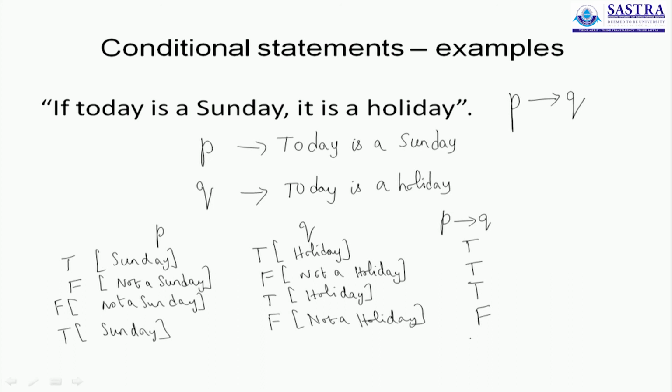There you are violating the hypothesis given here. The hypothesis leads to the conclusion that the given day is a holiday, but you assume the hypothesis to be true and you are denying the consequence, and hence the conditional takes up a false value in only one of the possible outputs involving P and Q.